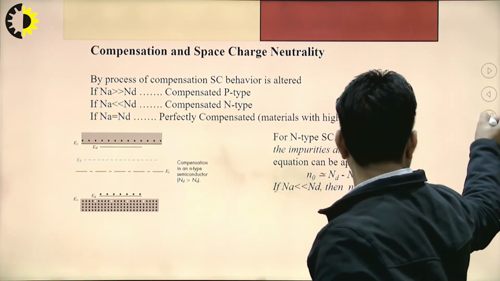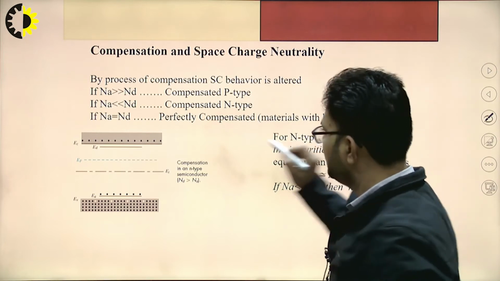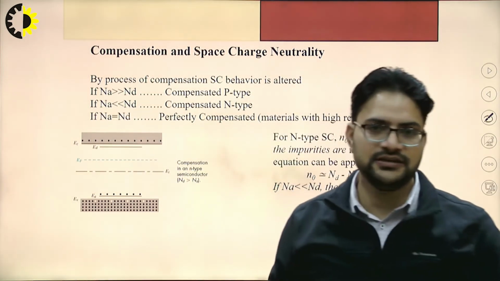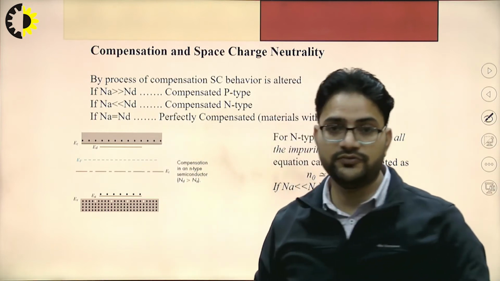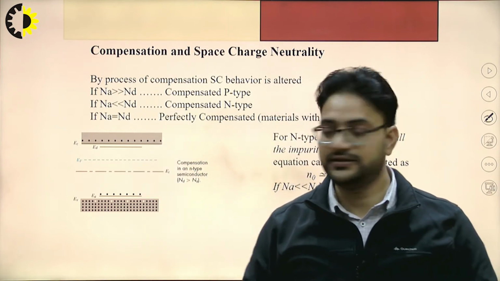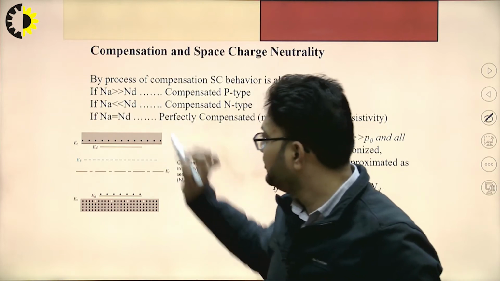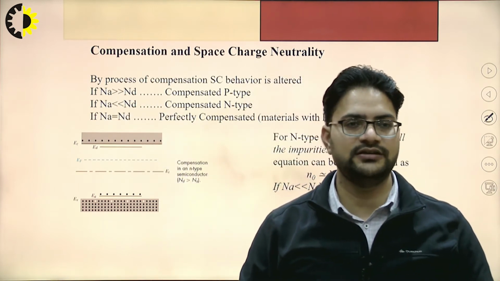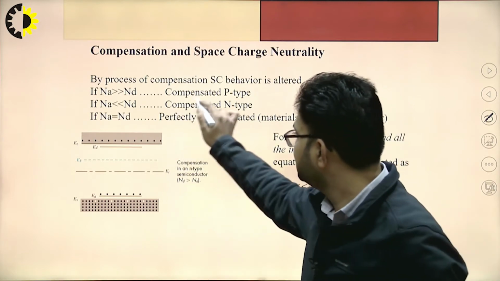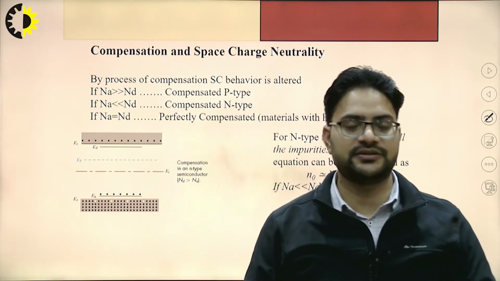Na denotes the number of acceptor ions, and Nd denotes the number of donor ions. If the number of acceptor ions is much larger than the donor ions, then this is called a compensated P-type semiconductor.